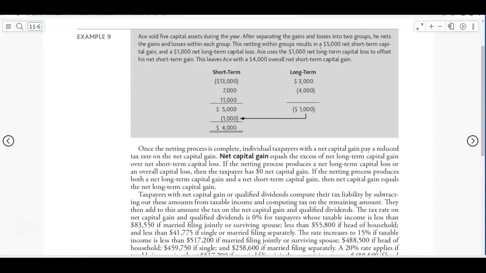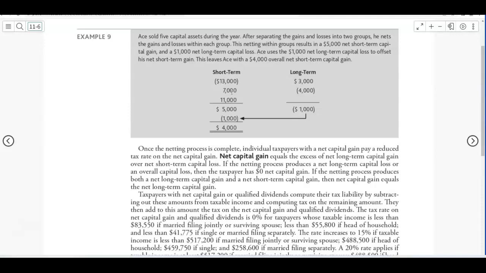The netting within groups results in $5,000 net short-term capital gain and $1,000 net long-term capital loss. Yeah, so this 11,000 came from somewhere. So we have two capital gains in here, but one of them is a short-term loss.